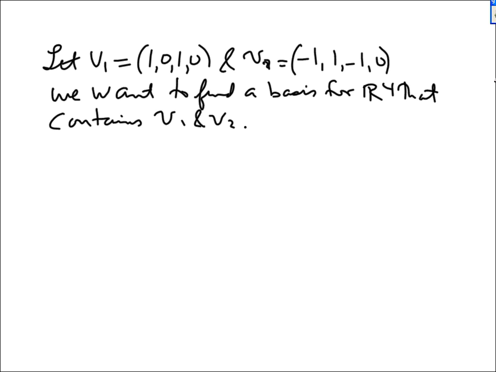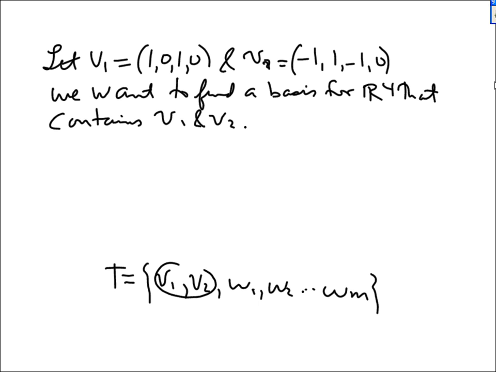Now, for that to be true, V1 and V2 have to be independent. Because if T is a basis, it's going to have V1, V2, and some other vectors W1, W2, up to Wm. Maybe that's a basis. Well, it can't be if these are dependent, because then the whole thing is dependent.